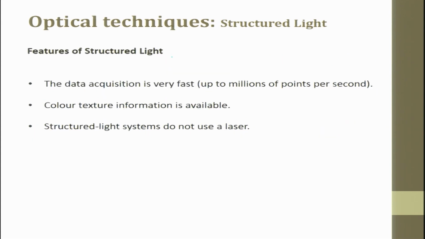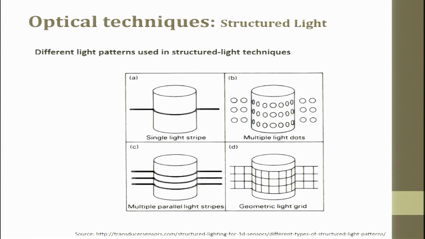The features of structured light: the data acquisition rate is very fast, and the color texture information is also available. Structured light systems do not use a laser light, so you can try to get better insight information also.